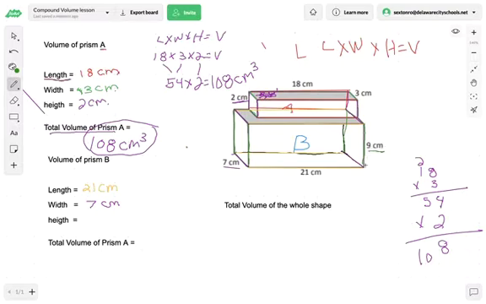By telling me that this side here is 9 centimeters, I also know that this one's 9 centimeters, this one's 9 centimeters, this one's 9 centimeters, right? So I know that the height all the way around for this figure is 9 centimeters, okay?